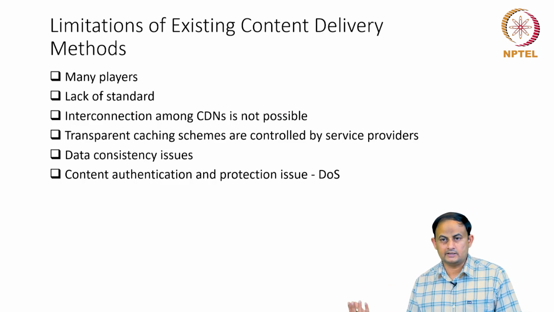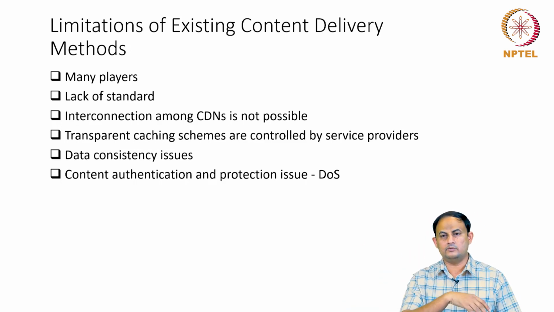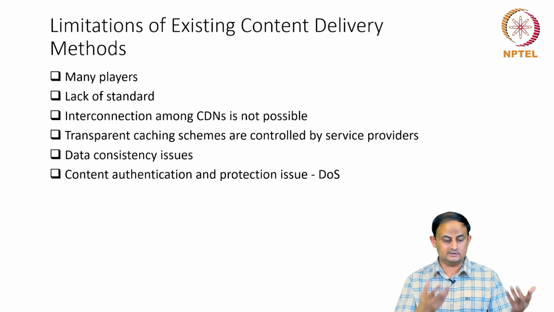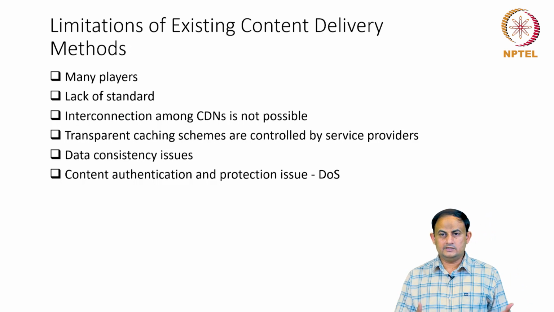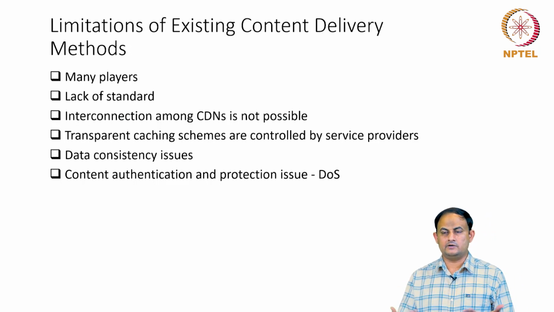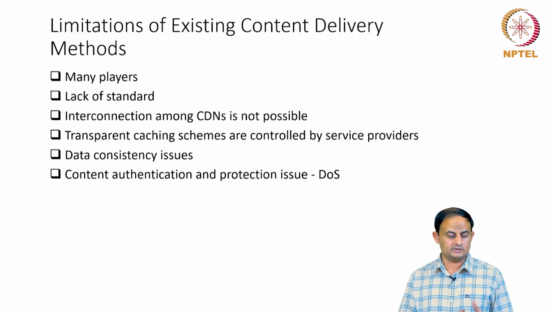How about extending this optimization to all customers, irrespective of what kind of content they ask for? That is the question we want to ask. Many of these operations are controlled by their own service providers, and they are not able to talk to each other.